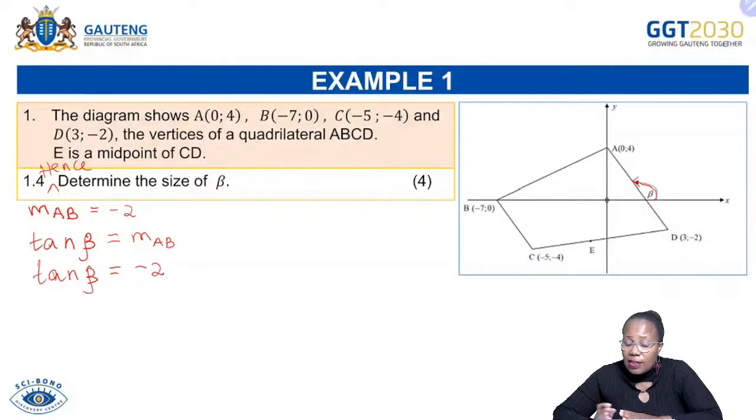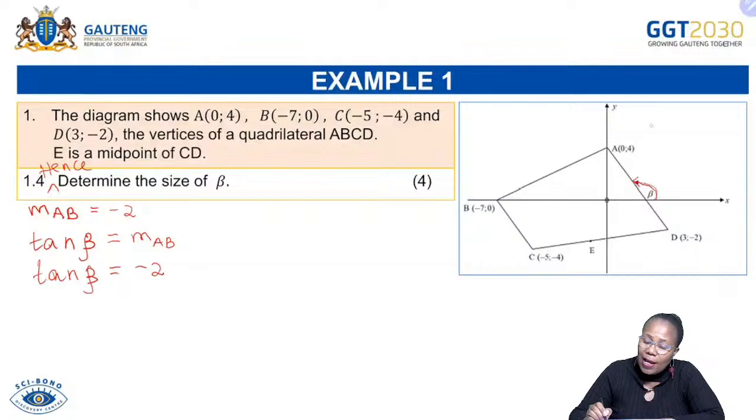Sometimes you might see this as being in quadrant 1 and think that the angle is less than 90. No. You look at the slanting of your line. Look at this. If my Cartesian plane I shift it to here, can you see that it's in quadrant 2? It is more than 90 degrees. Therefore, we are referring to that, not the particular quadrant we are in. Do not confuse the two.